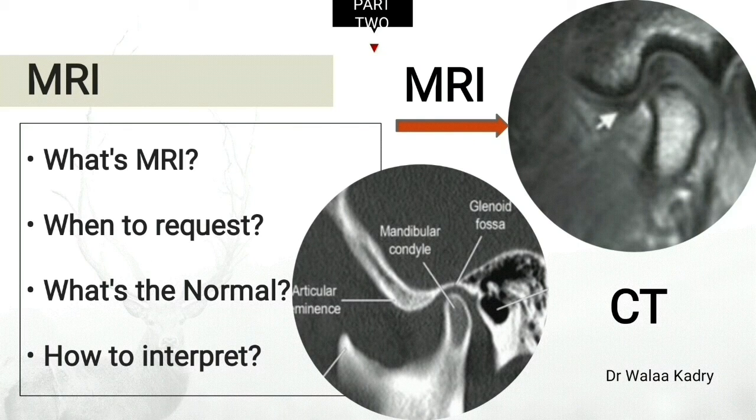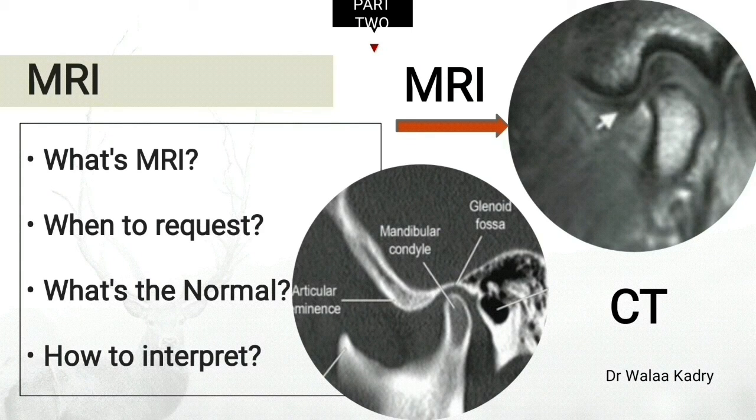The temporomandibular disc, which is the main cause to request an MRI, will not appear in the CT, but on MRI its density will appear in between the bony component and soft tissue component according to the water content.